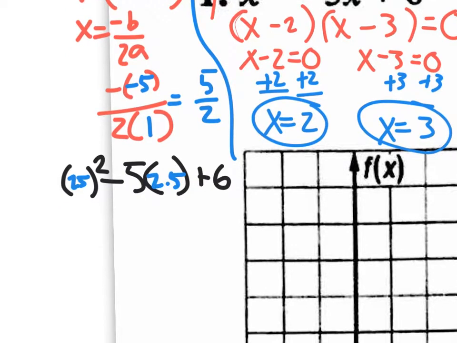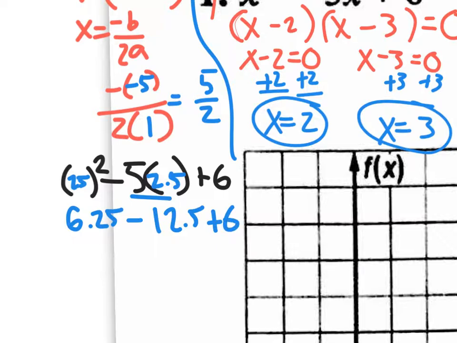Do me a favor. What is 2.5 squared? In other words, 2.5 times 2.5 as a decimal. 6.25, okay. Thank you. And now go ahead and with your calculator do 5 times 2.5, Christian. 12.5. So we really have minus 12.5, and then bring down the plus 6.